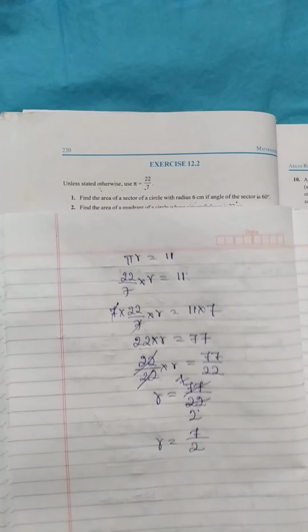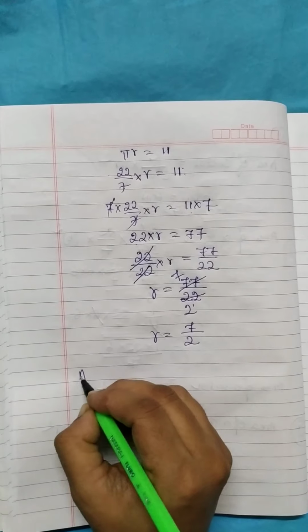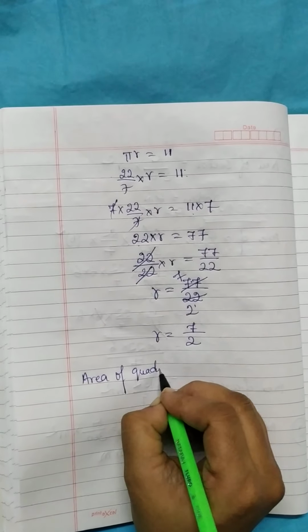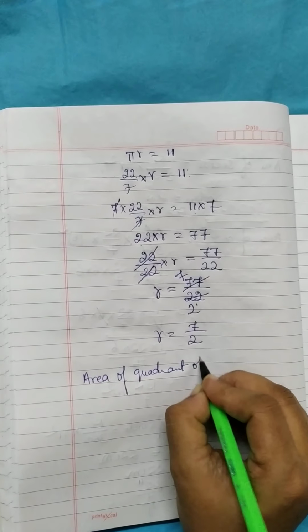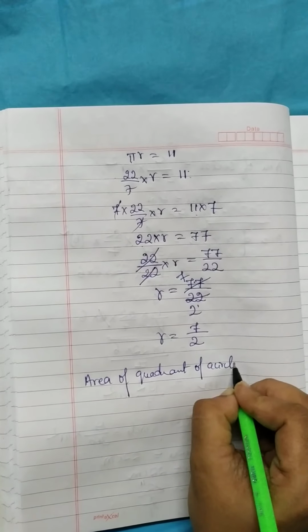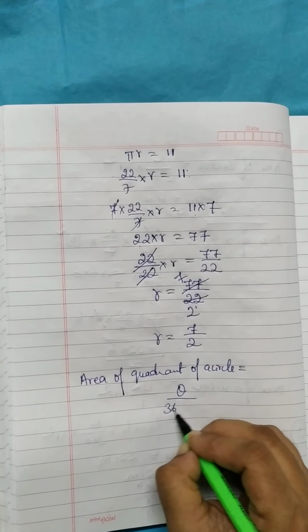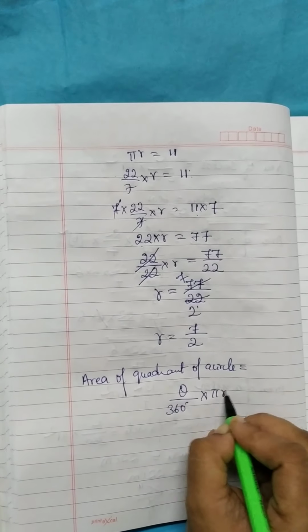Now you have to find out the area of a quadrant of a circle. What is the formula? Theta by 360 degree into pi r square.